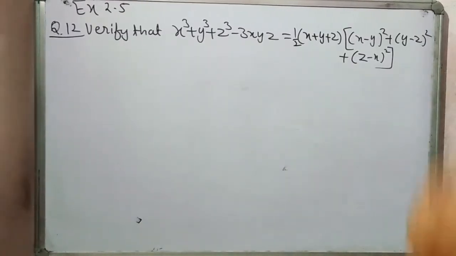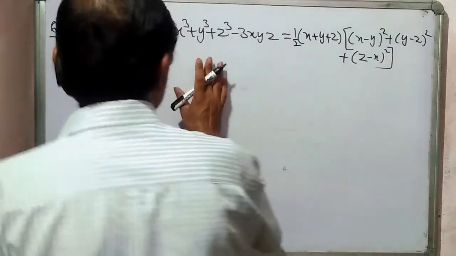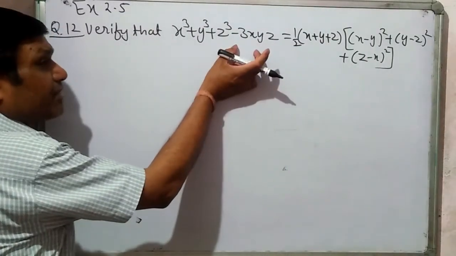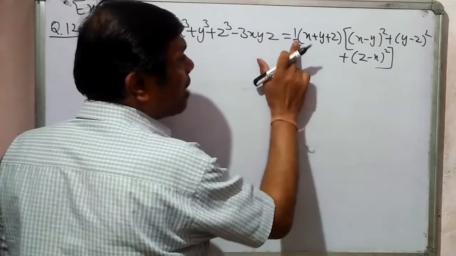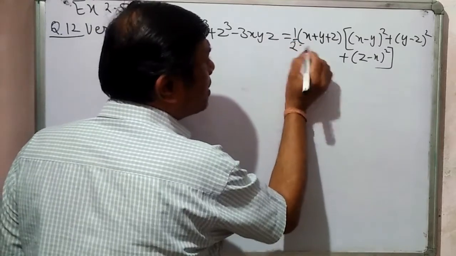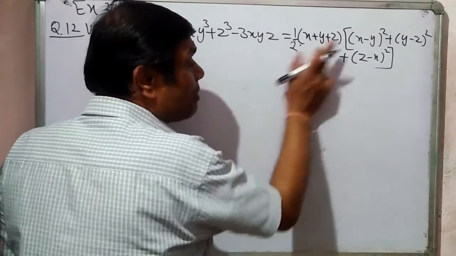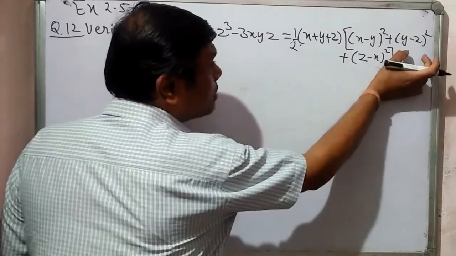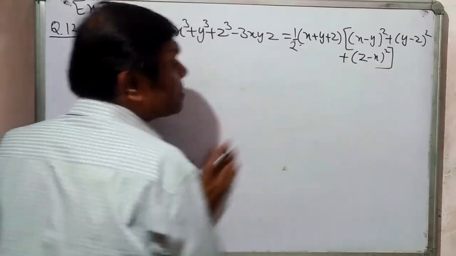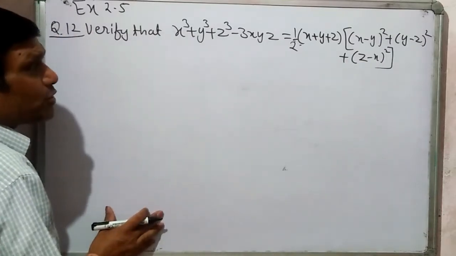Question number 12, dear students, is to verify that x cube plus y cube plus z cube minus 3xyz is equal to half of x plus y plus z, that is our term in the identity, multiplied with x minus y whole square plus y minus z whole square plus z minus x whole square.